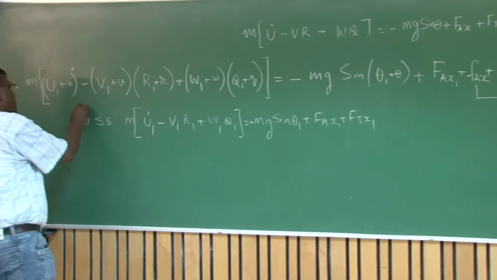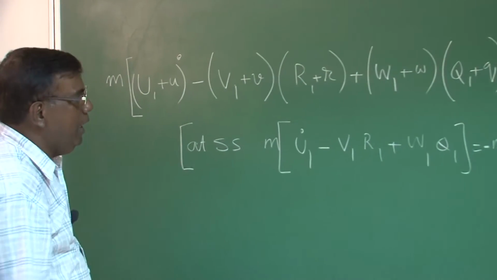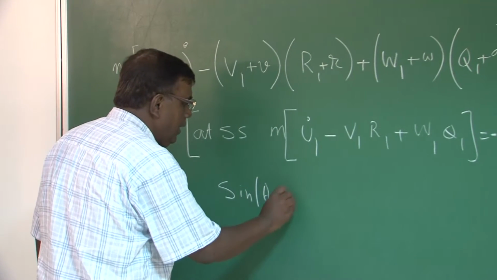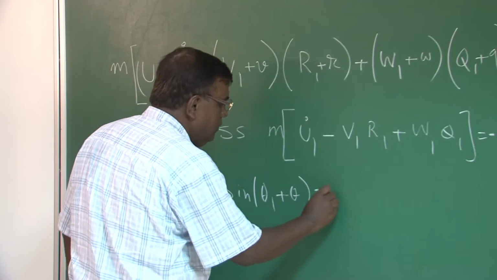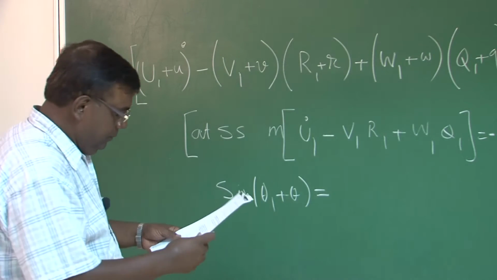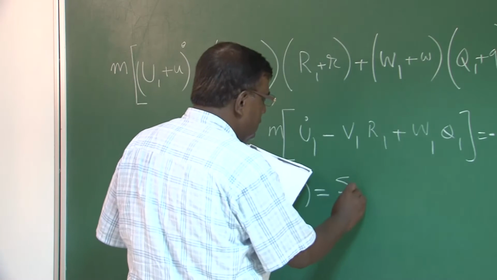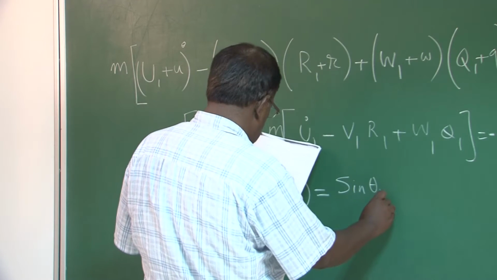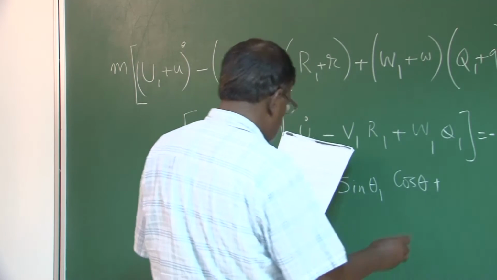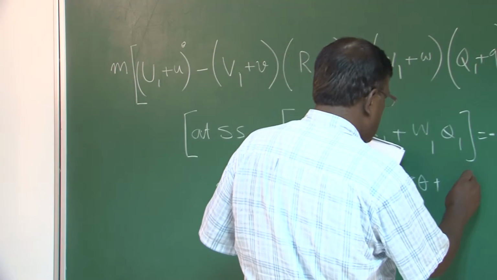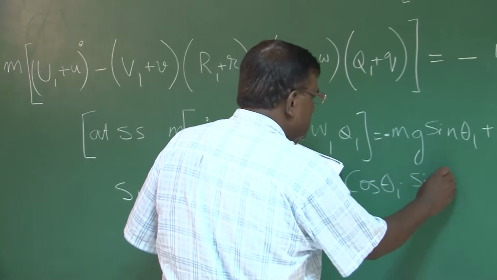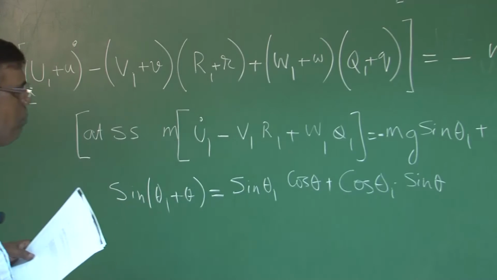Now use this equation as well as this trigonometric relationship: sin(theta 1 plus theta) is equal to sin theta 1 cos theta plus cos theta 1 sin theta, the sin A plus B identity.